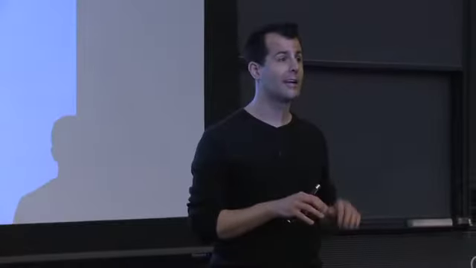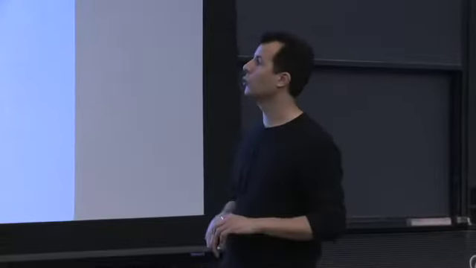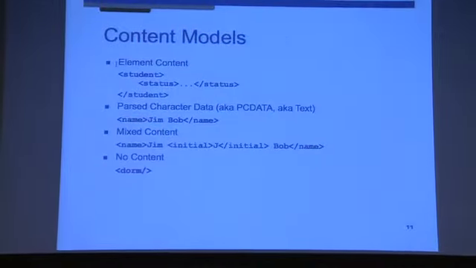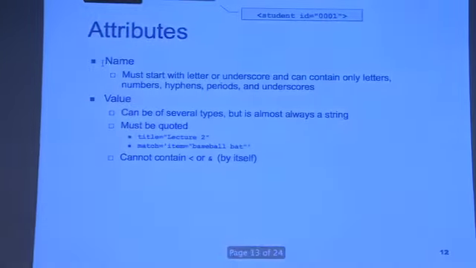This is more real if you think about HTML. In HTML, it's very common to have a paragraph tag, and then you start writing your paragraph. But then in the middle of your paragraph, you enter the boldface tag or the italics tag, and then you close that tag. That too would be a mixed content model. You have text and tags commingled. Then no content, like dorm, like Jack pointed out. So we have those several content models. Those are our options for modeling.